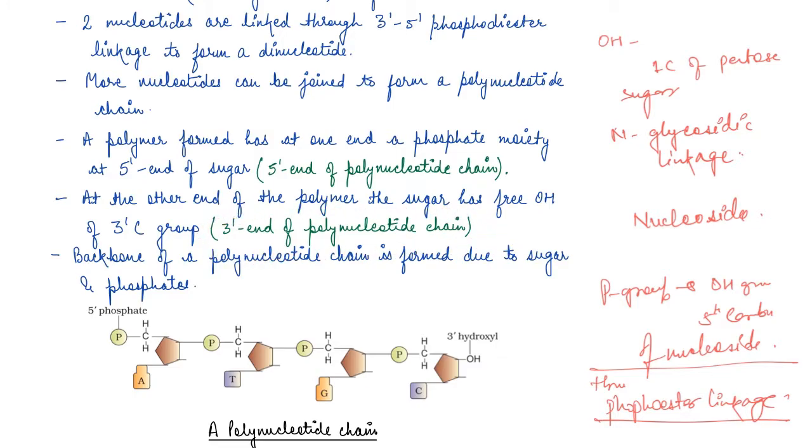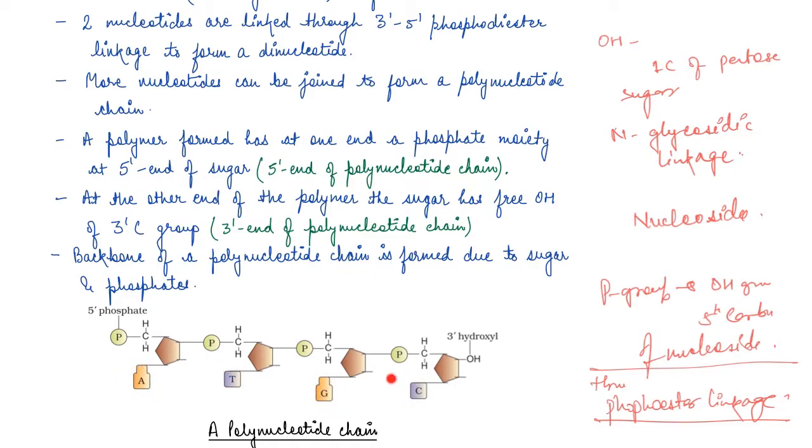So again remember, this is the polynucleotide chain. This is basically one nucleotide. This is the other nucleotide. This is the third nucleotide. This is the fourth nucleotide. So you can see there is a phosphate group, there is a pentose sugar, and then you have the nitrogenous base, right?